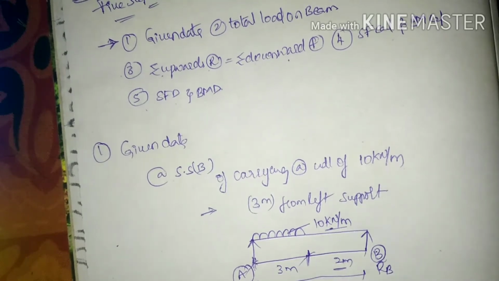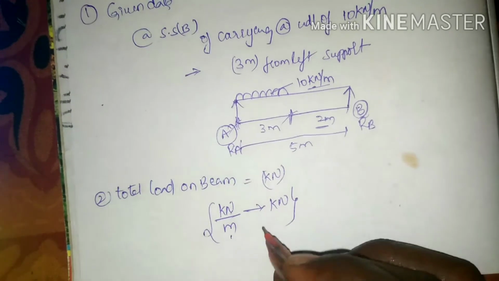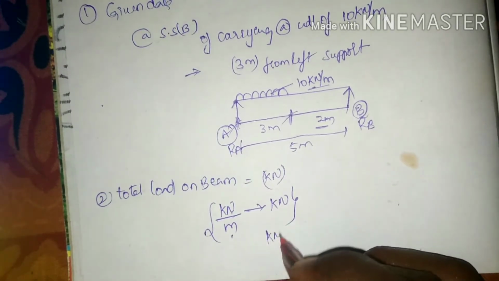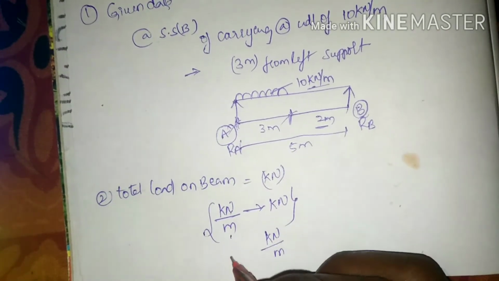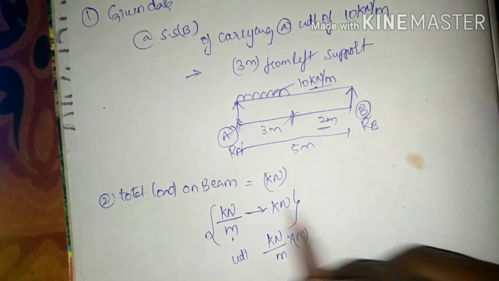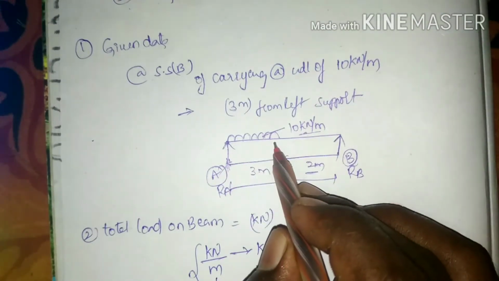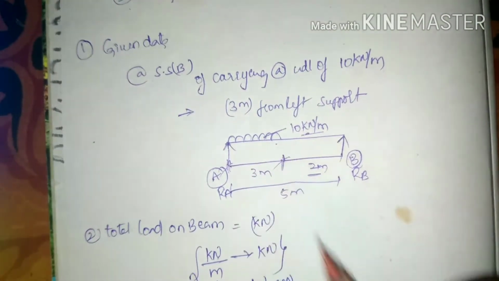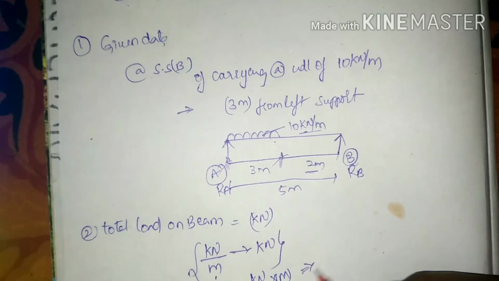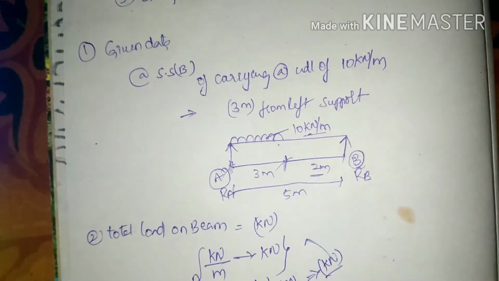While converting from kilonewton per meter to kilonewton, we multiply the UDL by the length of beam which is affected by the UDL, that is 3 meters, and that is going to convert to kilonewtons.